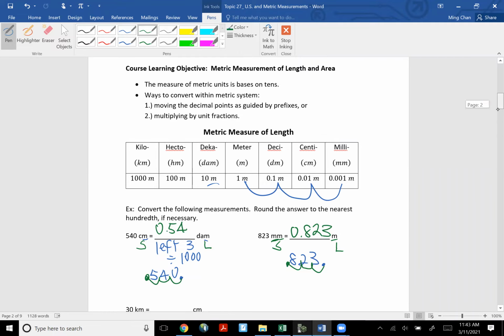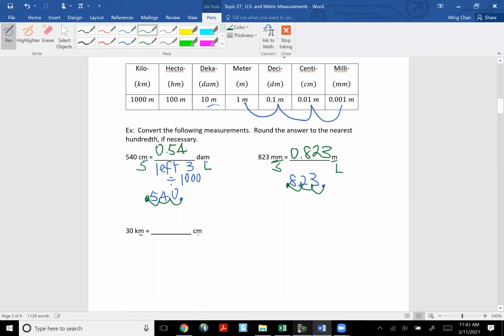All right, km and cm. Once again, both are metric lengths. K means kilo, c means centi. So now I'm converting from kilo to centi: 1, 2, 3, 4, 5 places moving to the right because I'm starting at kilo.